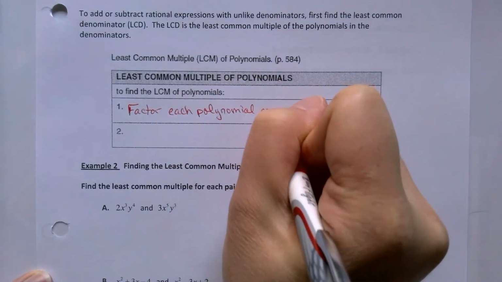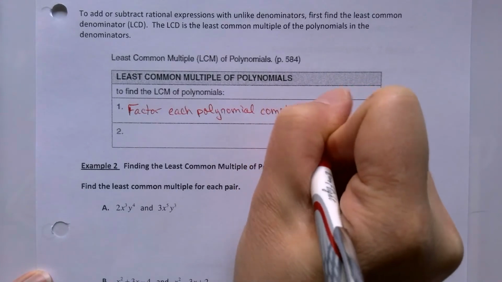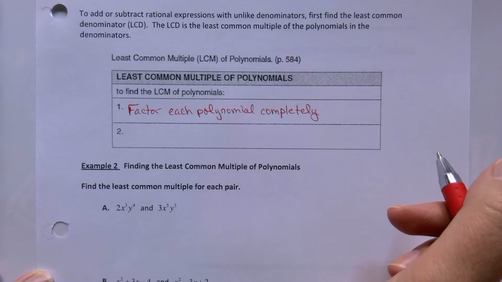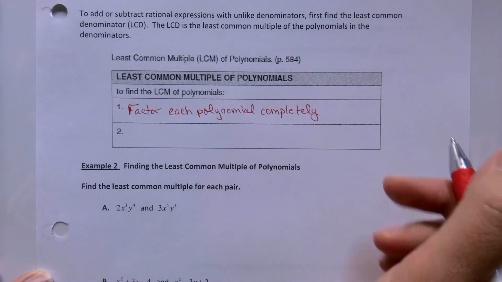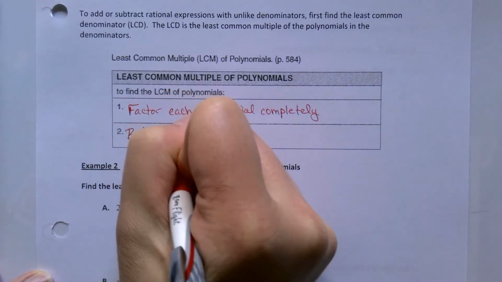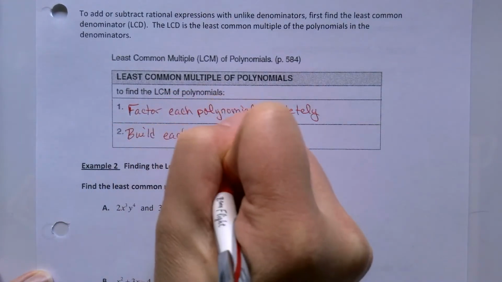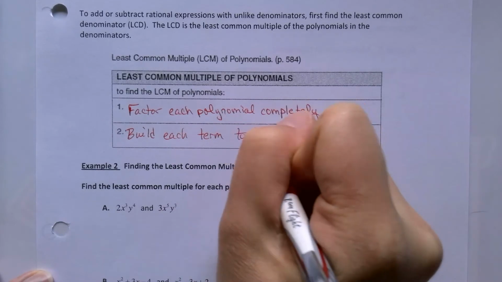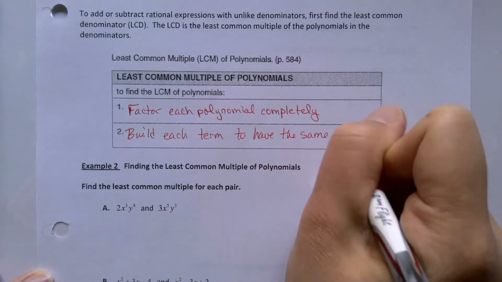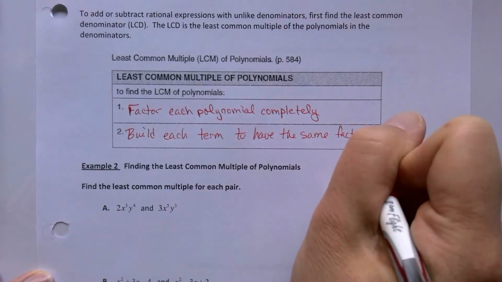And then the second step is you're going to build each term to have the same factors, or the same pieces.